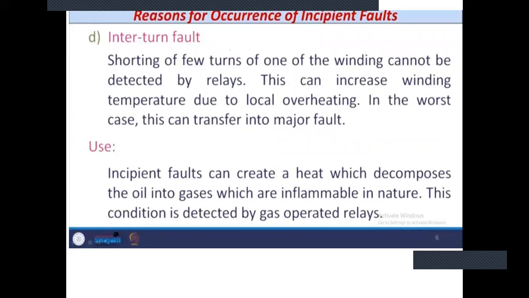In the worst case, this may turn into a major fault, and we need to detect such a fault.